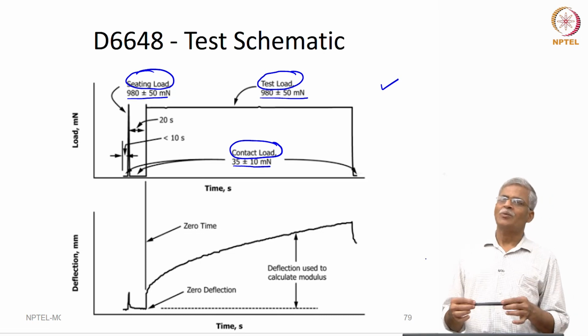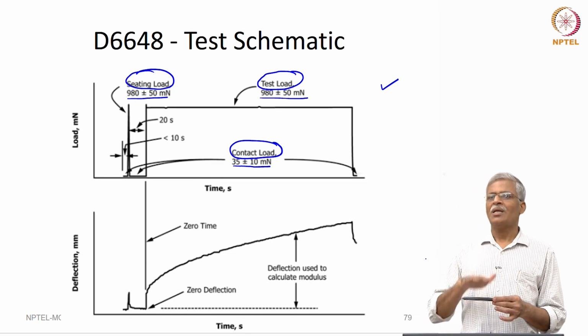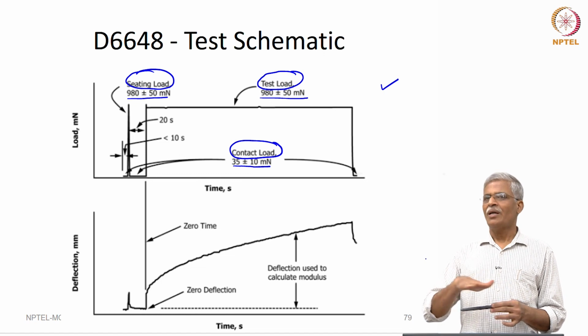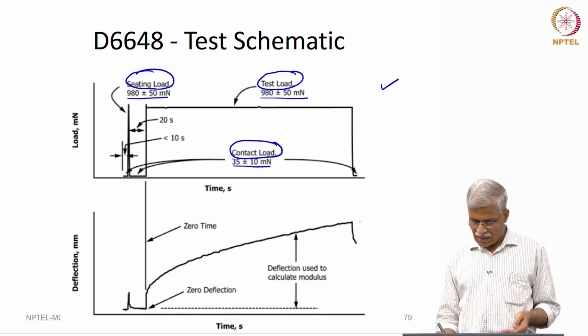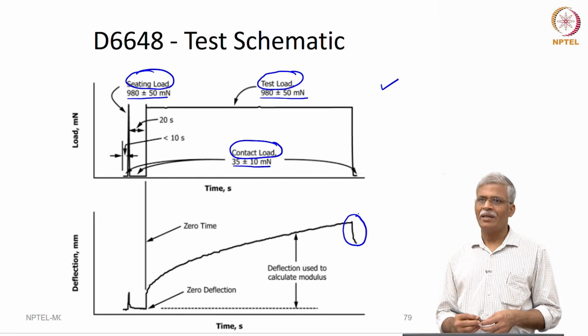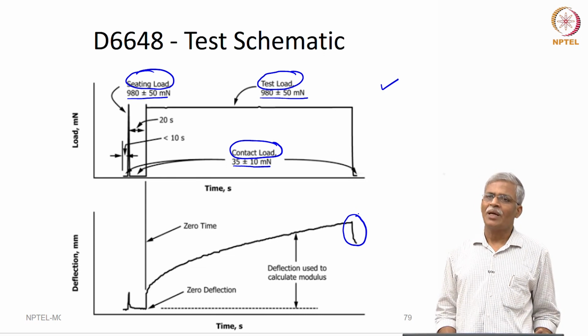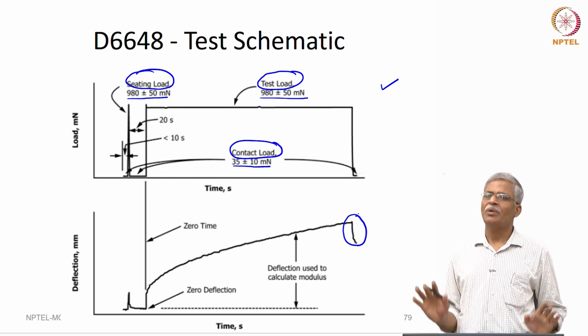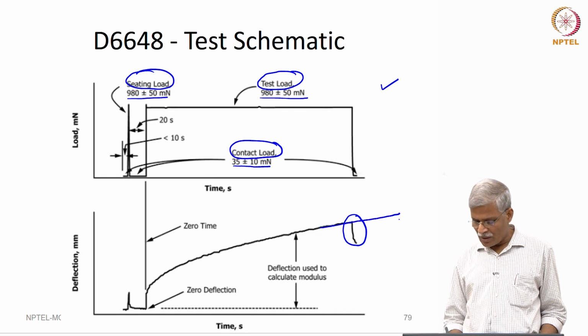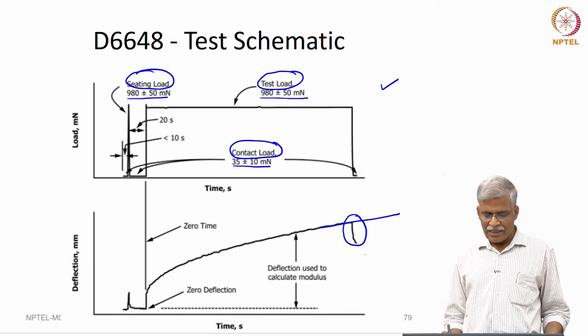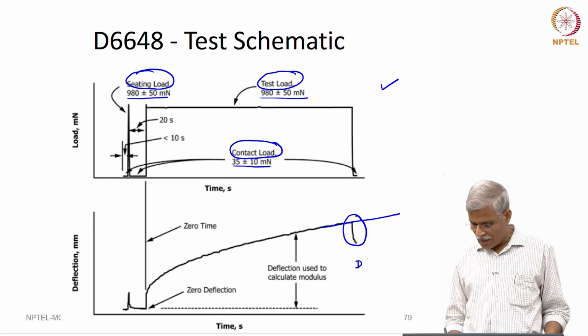So, this experiment consists of just applying a constant load and seeing how the deformation increases. Please understand, I will also reiterate it later, there will not be any recovery in this test. We will just load it and see how the deformation keeps increasing. So, please do not get misled by whatever is mentioned in D6648.